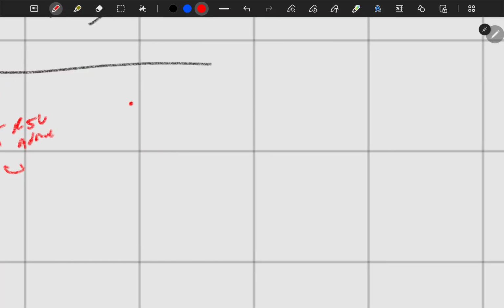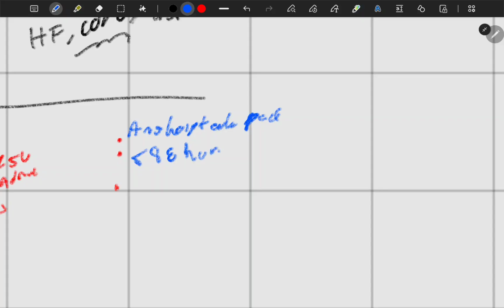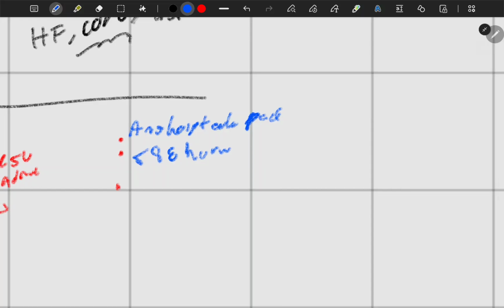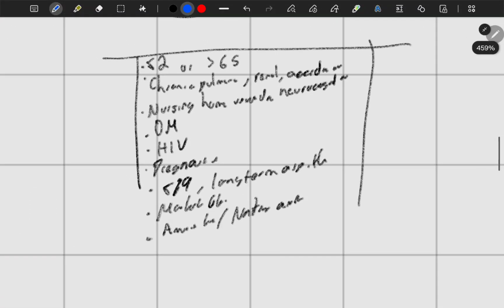We have to consider three points. First, any hospitalized patient will receive this antiviral therapy, or any outpatient presenting less than 48 hours after symptom onset. Second, any outpatient at higher risk of complications regardless of symptom onset. Let's talk about the conditions that trigger a higher risk of influenza complications.